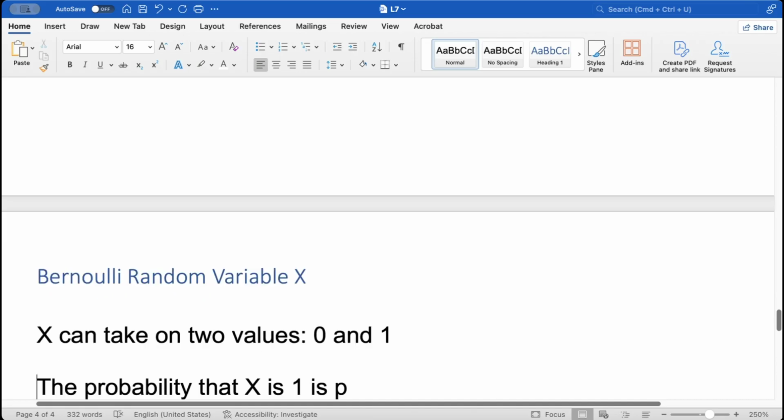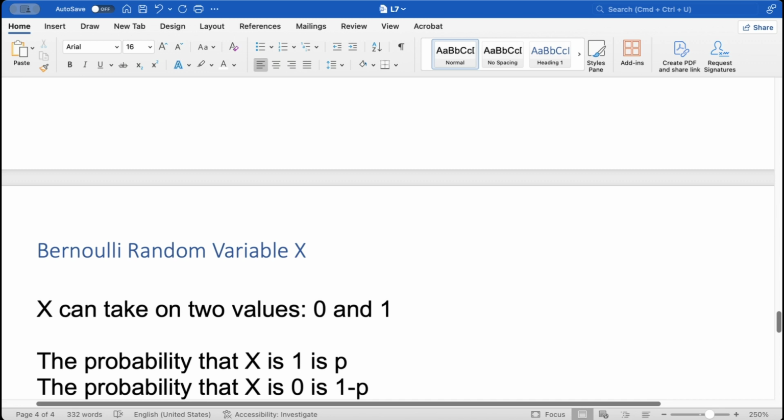And 1 is representing a success with probability p. So the probability that x is 1 is p, and then the probability that x is 0 is the complementary probability 1 minus p. There's only two outcomes here, 0 or 1. The probability of a 1 is little p, whatever the probability is, depending on the situation. And then the probability that x is 0 is the opposite probability, 1 minus p.